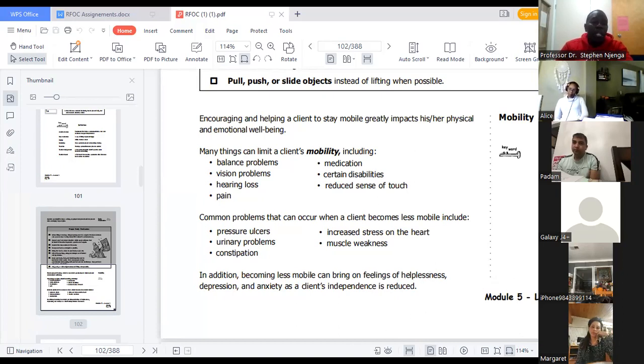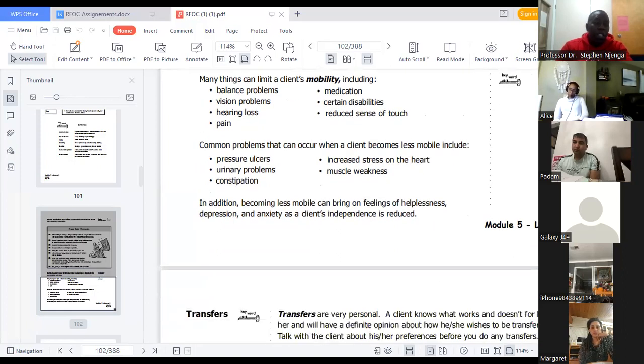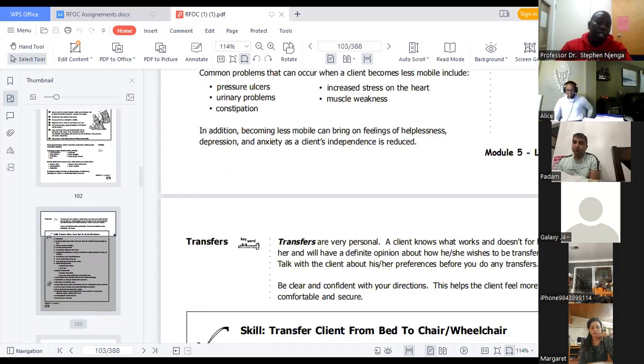This may cause depression, this may cause anxiety, and this can also cause clients' independence to be reduced. So these are some of the things that happen when it comes to clients' mobility.